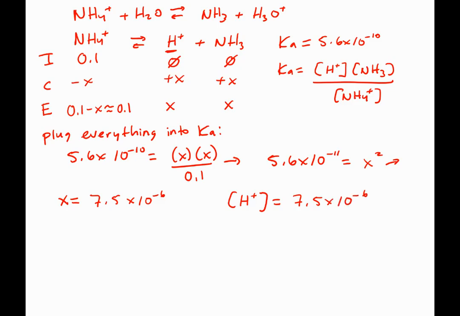Now, to turn the concentration of H+ into a pH, we could take the negative log and we'll have our answer. So pH is the negative log of 7.5 times 10 to the minus 6. The pH of this solution will be 5.1.